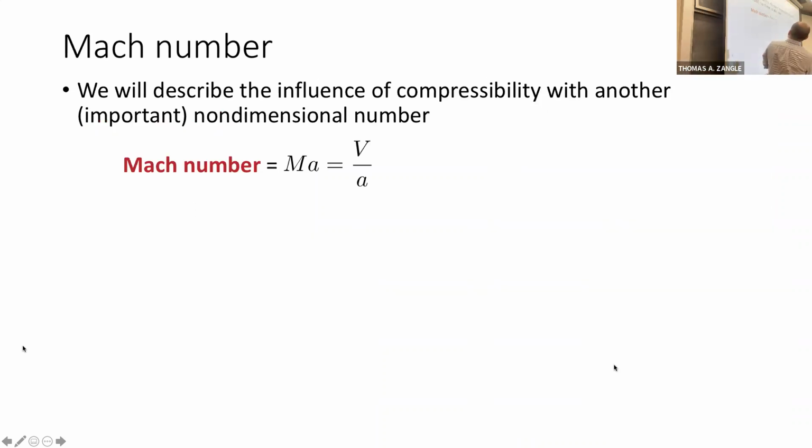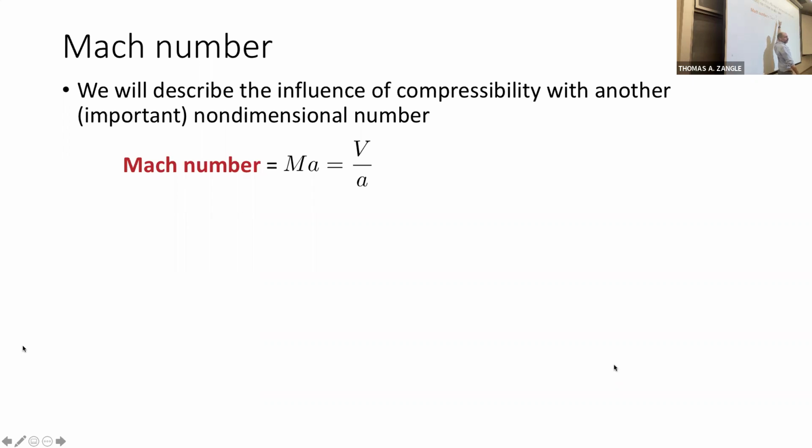So as always, we're going to use dimensional analysis and dimensionless numbers to guide our discussion here. And the important one is something that we discussed in the first week, but we're going to define it a little bit more rigorously here. In particular, we're going to talk about the speed of sound a little bit more rigorously. And this is the Mach number, written as Ma, and it's the characteristic velocity in the flow.